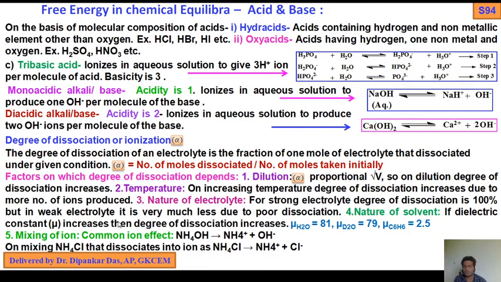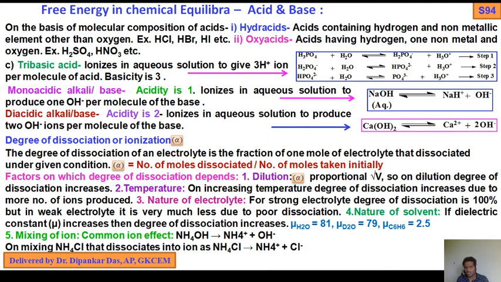Now degree of dissociation or degree of ionization, which is denoted alpha. So what is the degree of dissociation? The degree of dissociation of an electrolyte is the fraction of 1 mole of electrolyte that dissociates under given conditions.